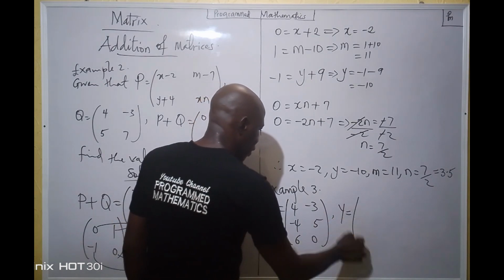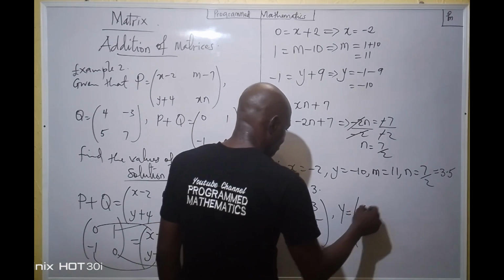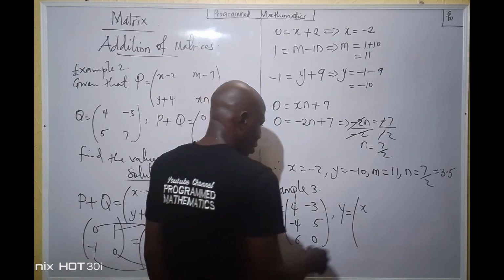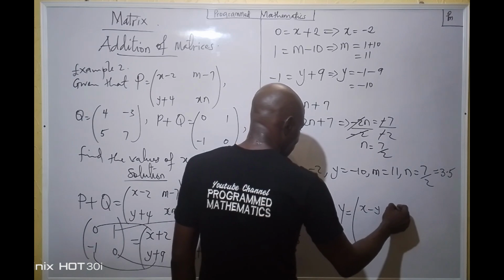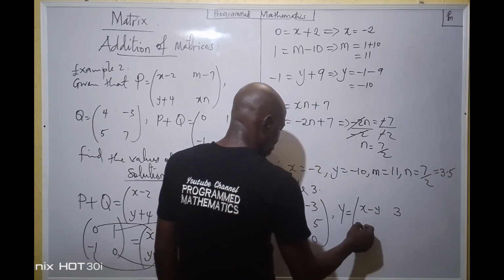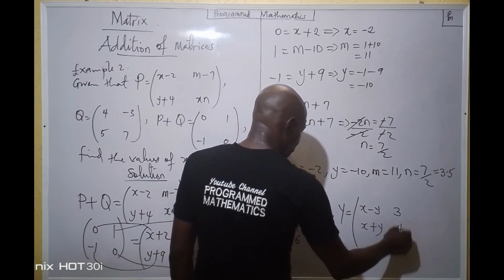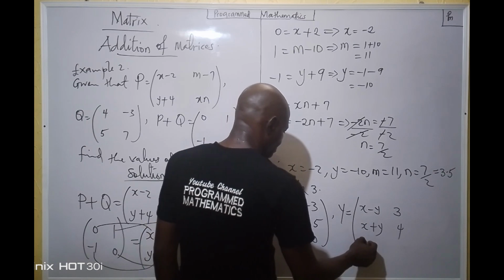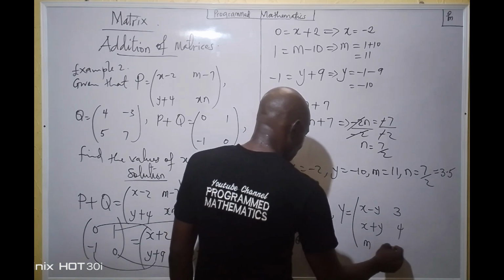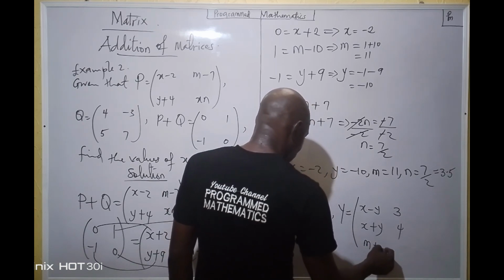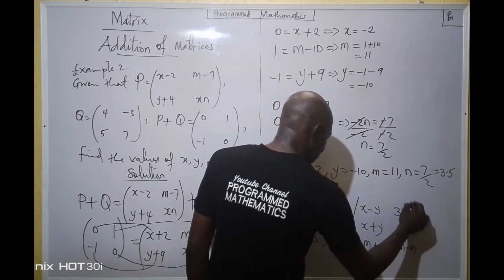And Y is the matrix with entries x minus y, 3, then x plus y, 4, and then m plus n, m minus n.